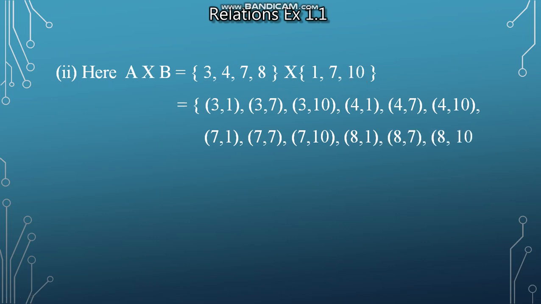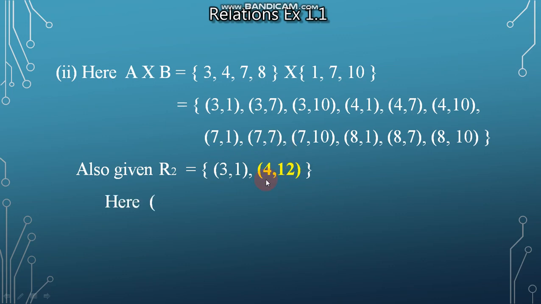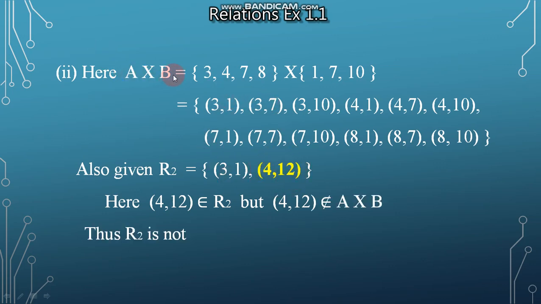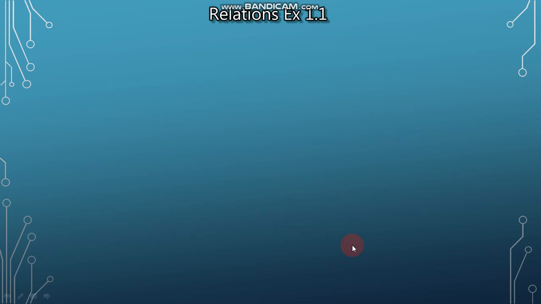So this is our A cross B. The relation R2 is given as R2 is equal to {(3, 1), (4, 12)}. Here (3, 1) belongs to R2 and (3, 1) belongs to A cross B, but (4, 12) belongs to R2 and it is not in A cross B. So R2 is not a relation from A to B.